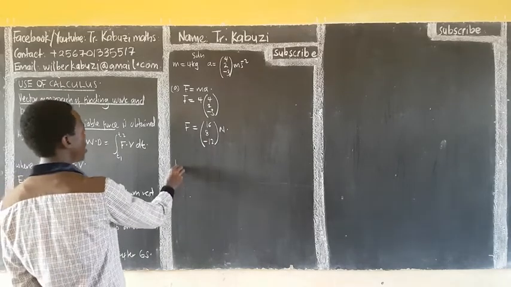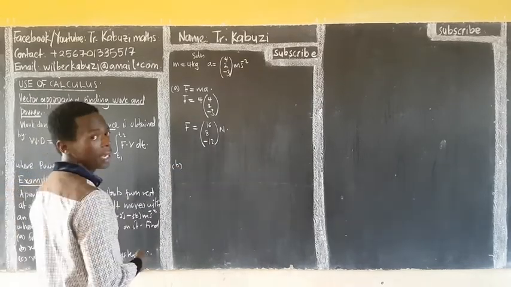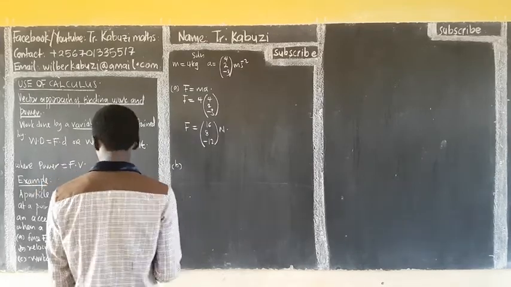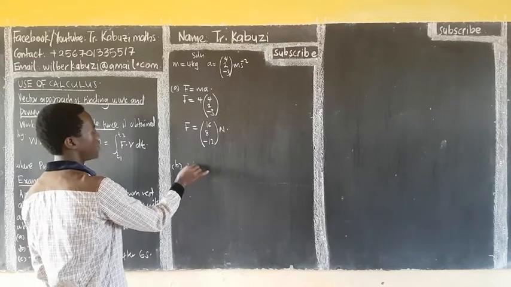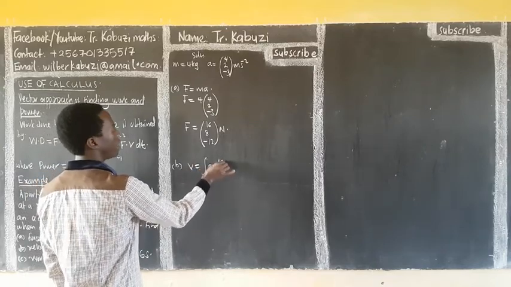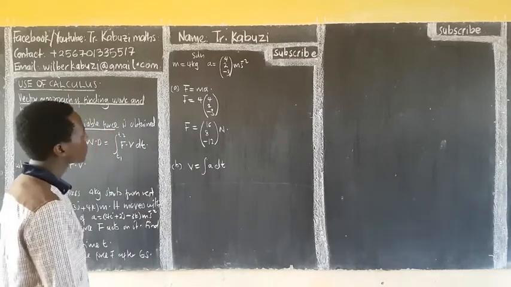Then part B, to get the velocity. You can give it in vector form or leave it there. Always our velocity is equal to the integral of the acceleration.